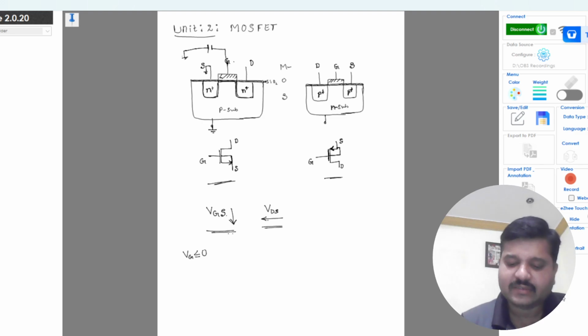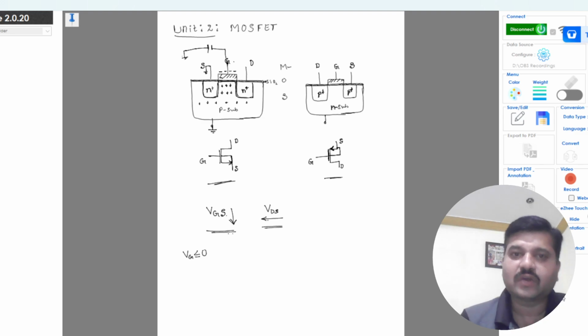So when it is less than or equal to 0, the gate terminal is accumulated with electrons, and all the majority charge carriers in the P substrate are holes, and all the holes will get accumulated in the P substrate here.